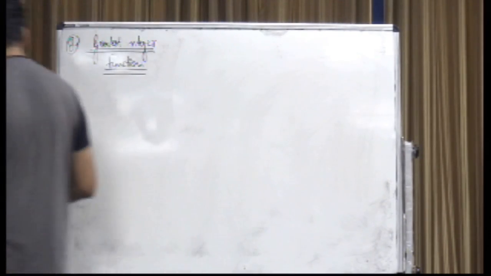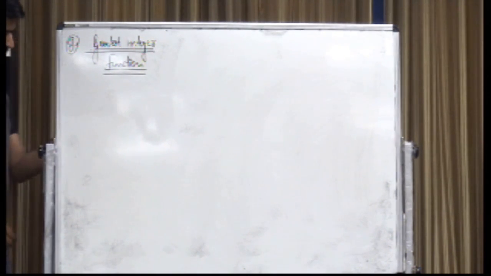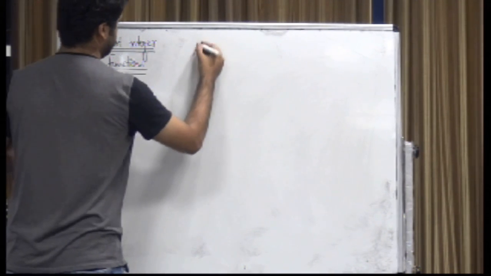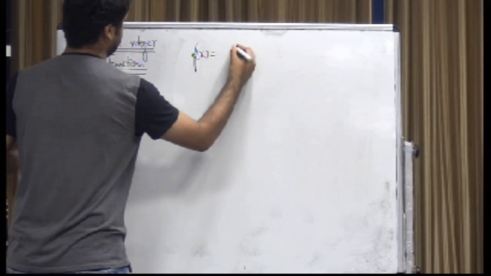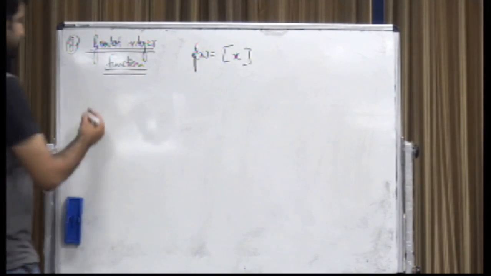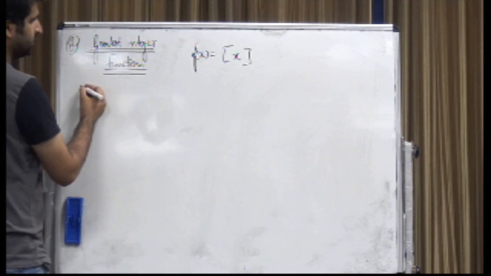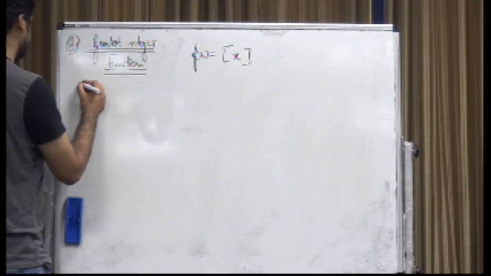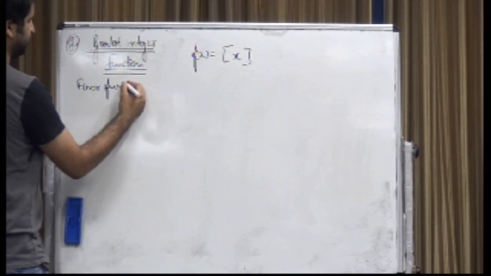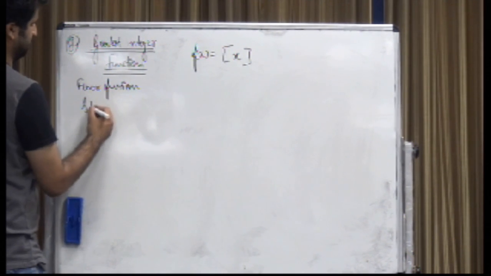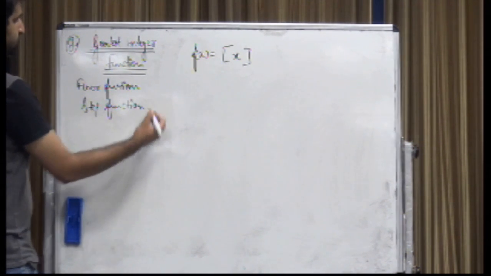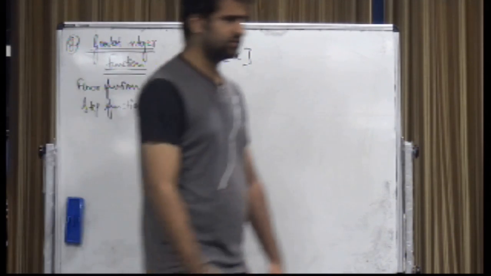So the symbol for the greatest integer function is f(x) is equal to square brackets and then x. This function is also known as the greatest integer function or the floor function or the step function or the integral part function. These are all the names.